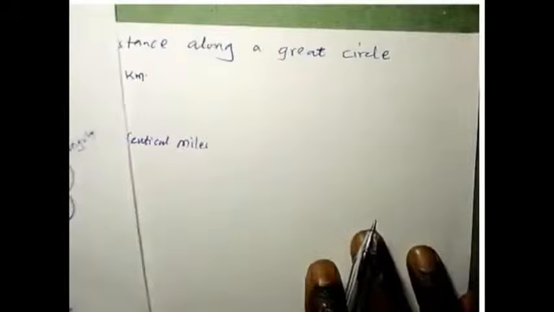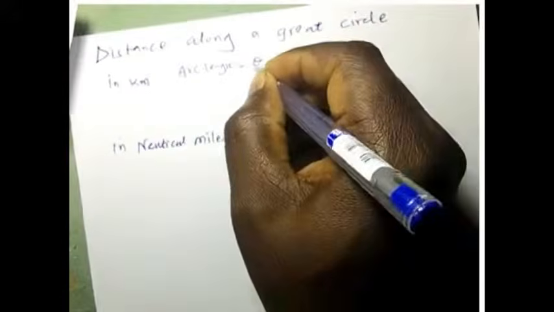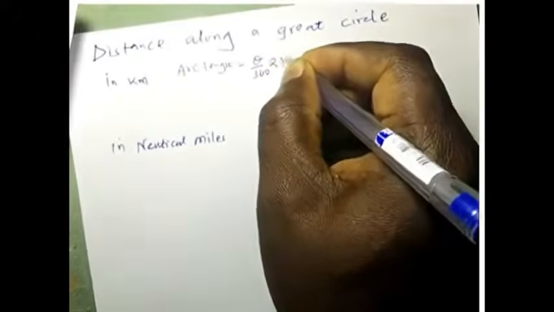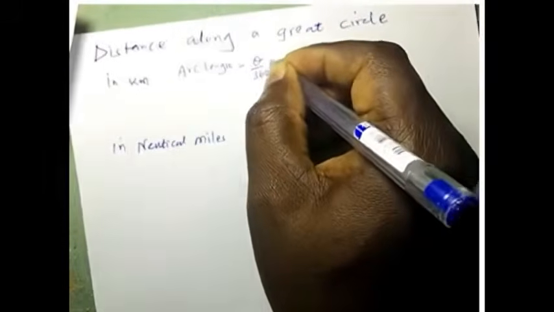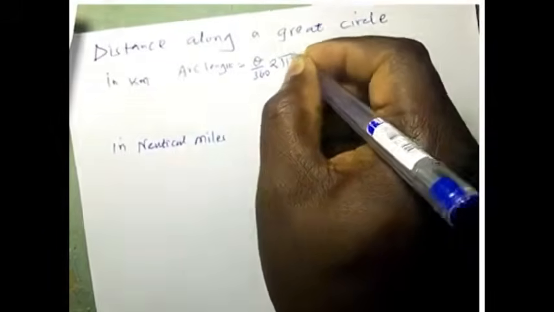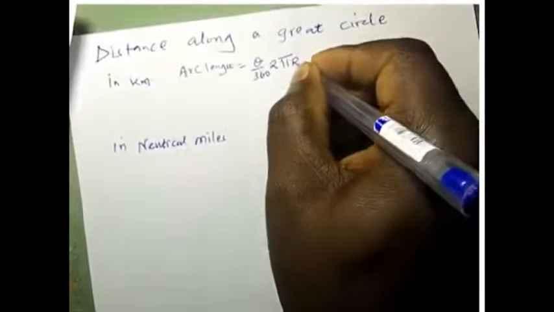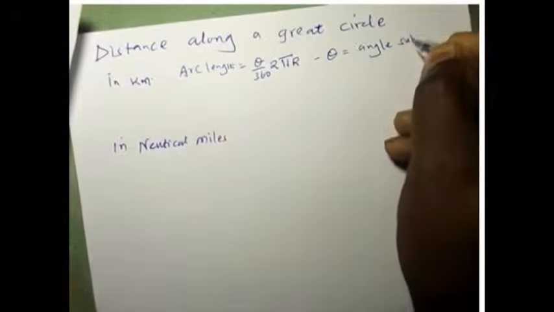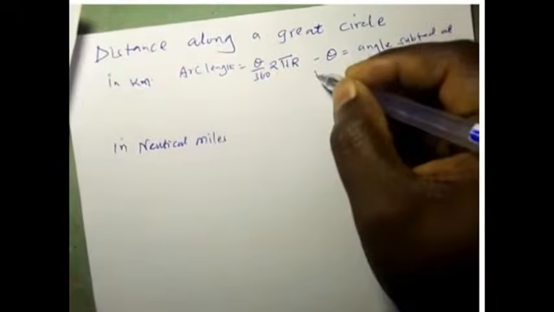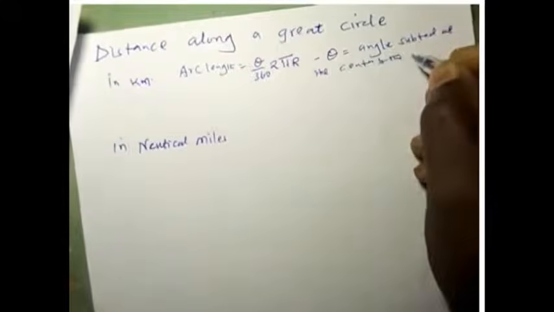So arc length is the angle over 360 times 2 pi r, where r is the radius at the center of the earth.